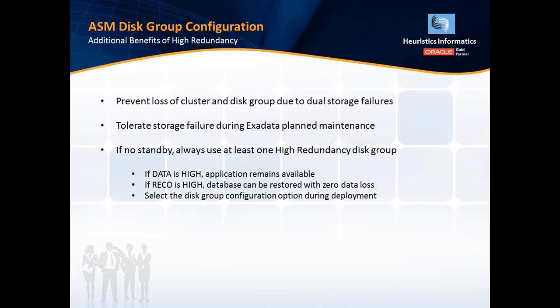On the other hand, depending on SLAs and individual or organizational needs, we can keep data at normal redundancy but the recovery disk group at a higher redundancy. That way, we will have a higher recovery time objective. That is, if 2 storage servers or 2 disks fail, we may lose a disk group, but we'll be able to recover with 0 data loss. So our recovery point objective will be 0, but our recovery time objective will be a little higher than what you would see in a high redundancy on the data disk group.